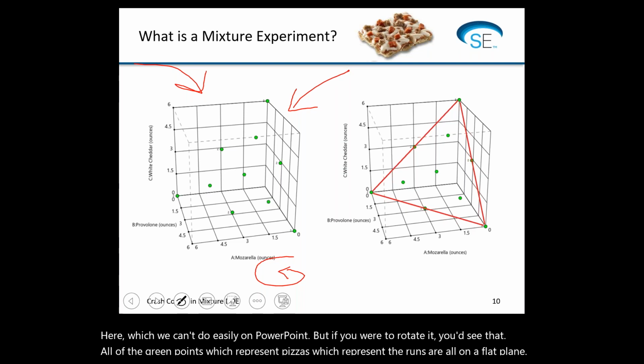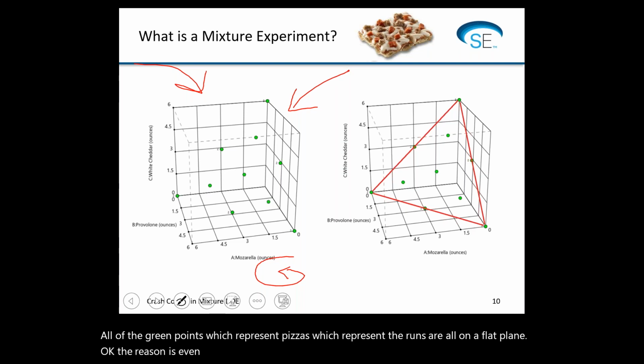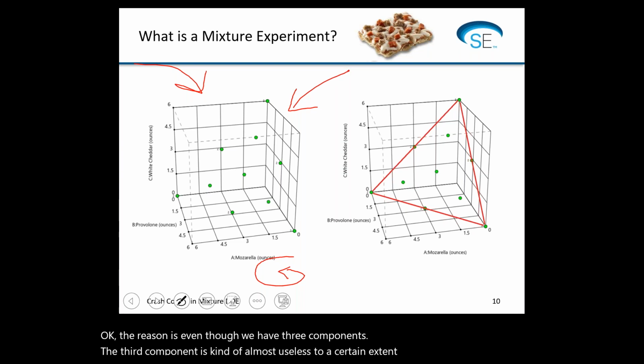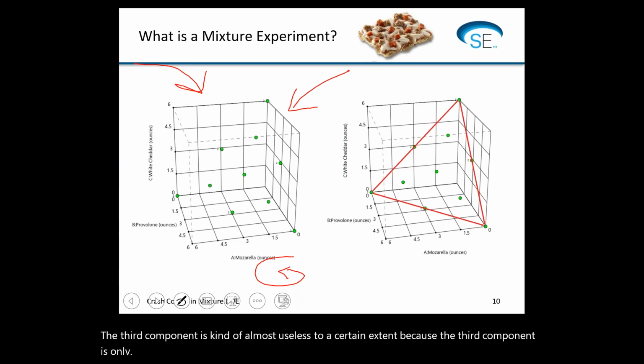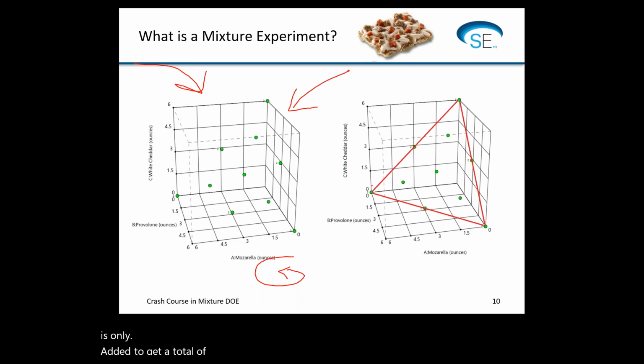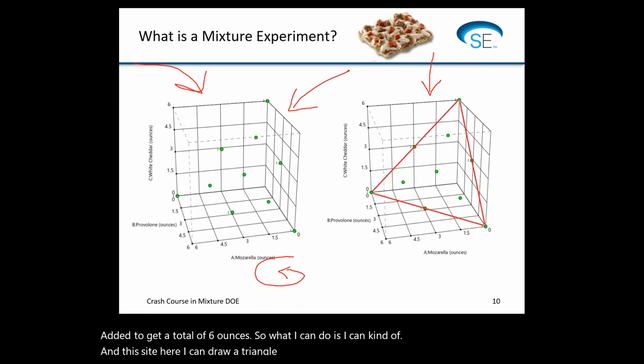Okay, the reason is even though we have 3 components, the third component is almost useless to a certain extent, because the third component is only added to get a total of 6 ounces. So on this side here, I can draw a triangle through this area.